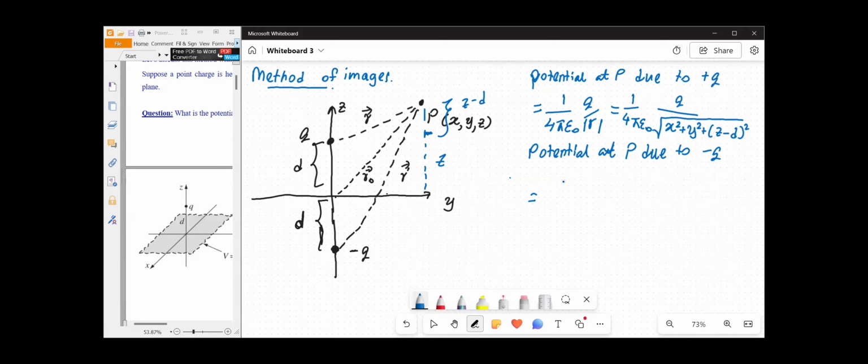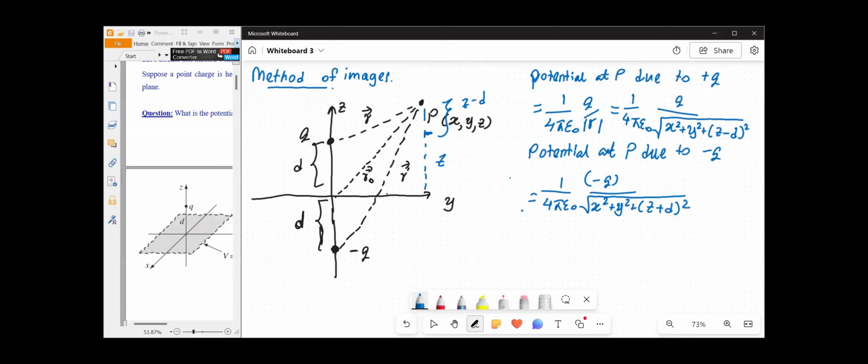So the potential at point P due to minus Q is 1 over 4 pi epsilon naught, now we have minus Q over the square root of x squared plus y squared plus z plus d squared. Okay. So from here to here, for this r vector, we need to consider z minus d. From here to here, the z vector is z plus this distance d.